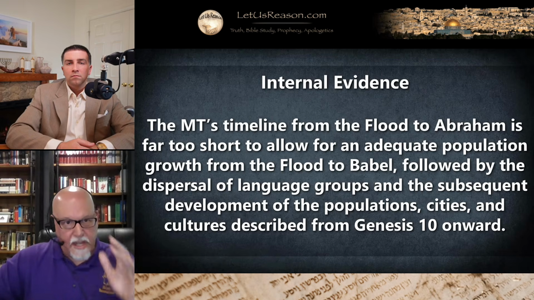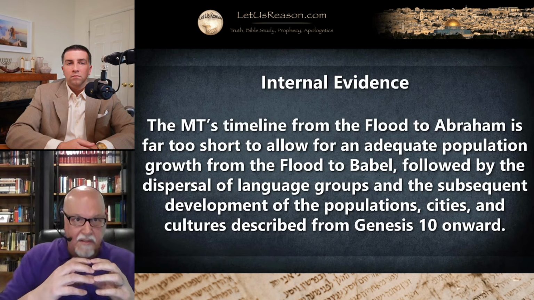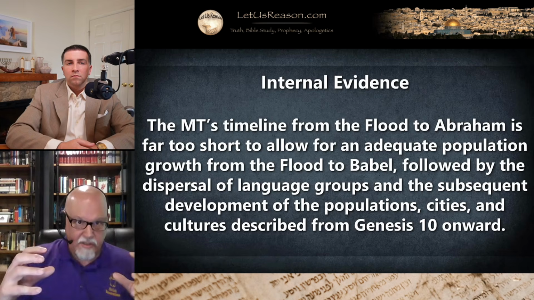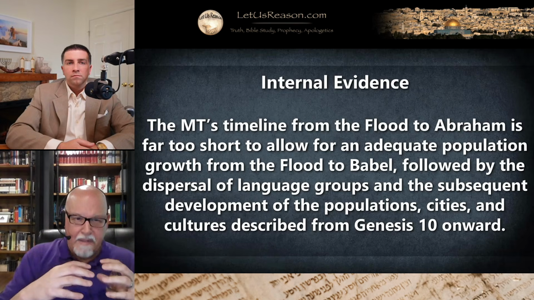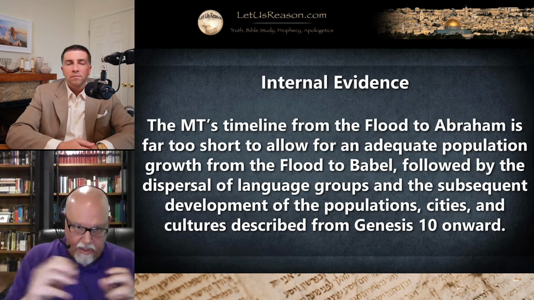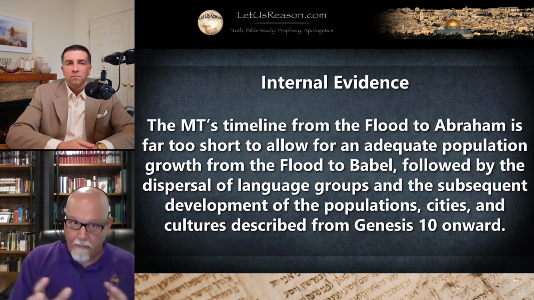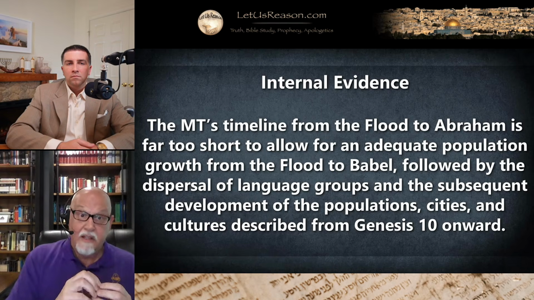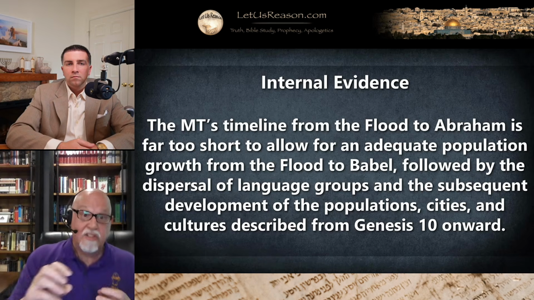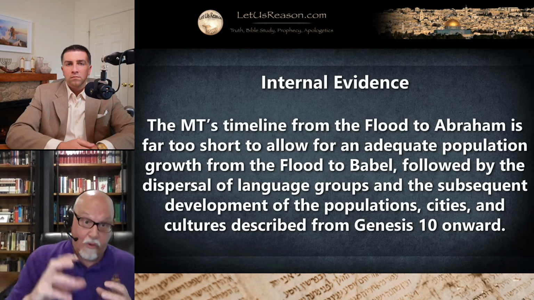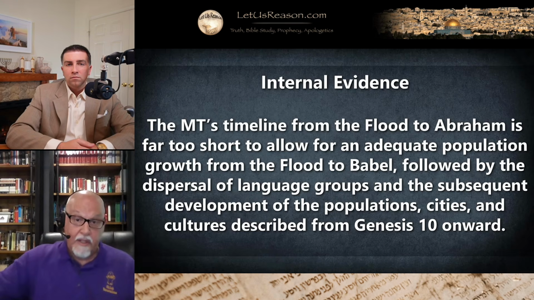Now, I know some creation ministries have run population calculations, but they made the numbers work so that you could have a large group of people as far as a number goes. But it's more complicated than that. It's not just about the number. It's about the dispersion. It's about the settlement of cities, the establishment of civilizations, and all the time that's required for all of that to occur in the early post-flood world is just too short in the Masoretic text.